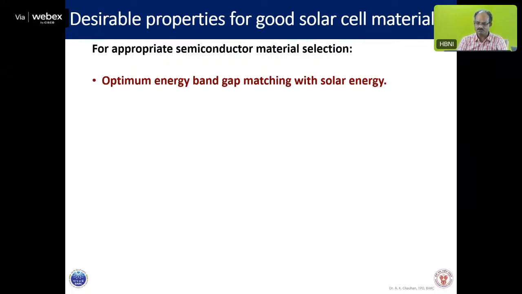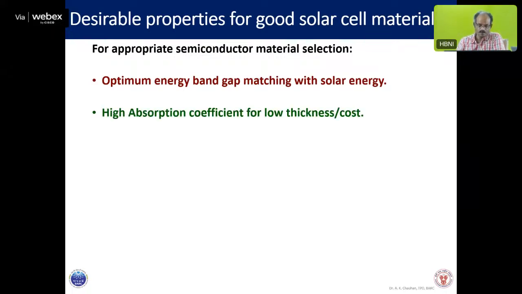So the band gap should be zero, but that will not give us any electrical energy. So we need to have an optimum energy band gap. Then high absorption coefficient for low thickness cost. If the absorption coefficient is high, then we can fabricate the solar cell with a lower thickness.